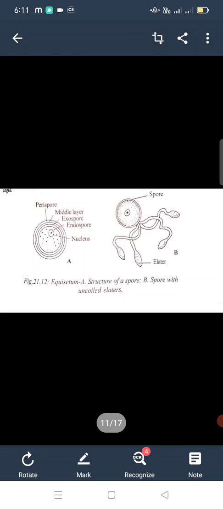The spore is covered by 4 layers: the outer perispore or epispore, the middle layer, exospore and endospore. When the spore dries up, the perispore splits into 4 bands called elaters, and they help to entangle the spores.